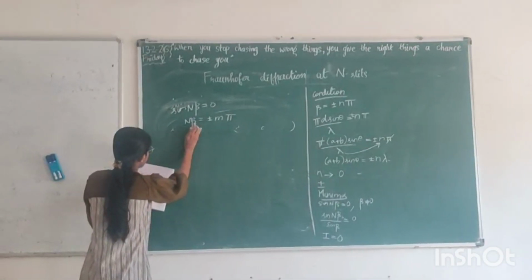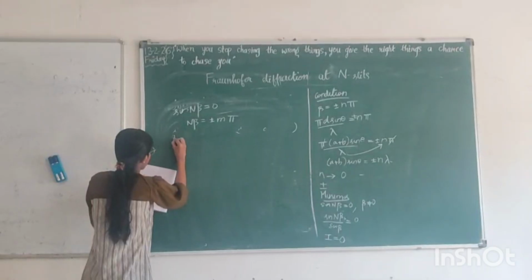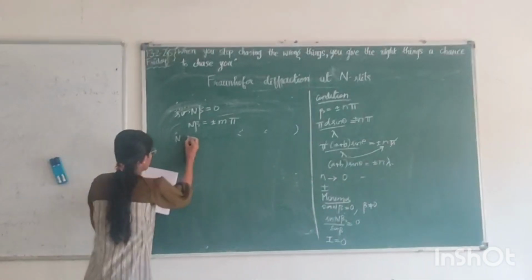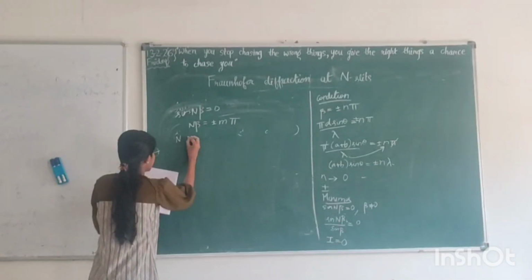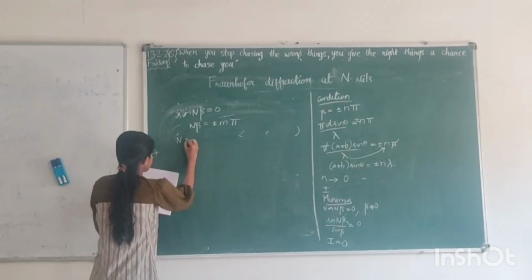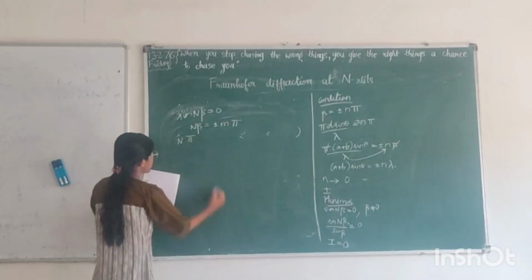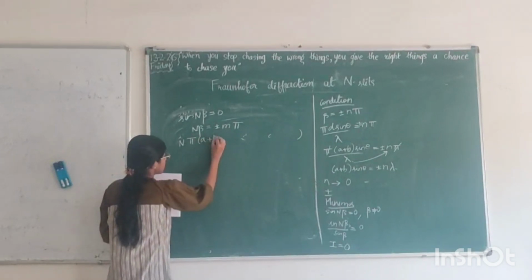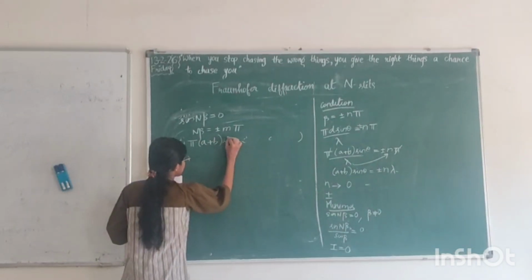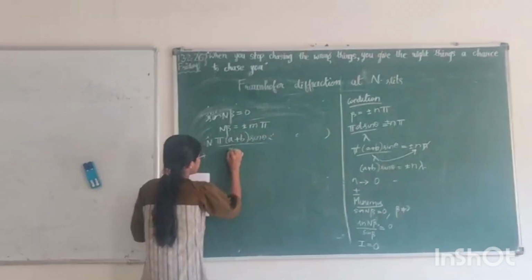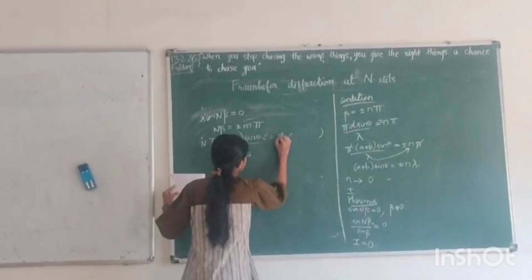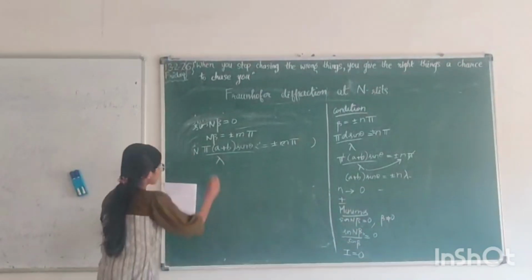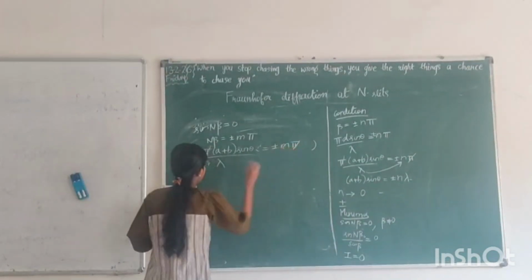This beta is equal to pi d sin theta by lambda, and d is equal to a plus b. So n times pi (a plus b) sin theta by lambda is equal to plus or minus m pi. Pi will cancel.